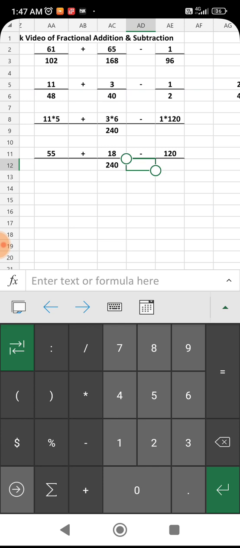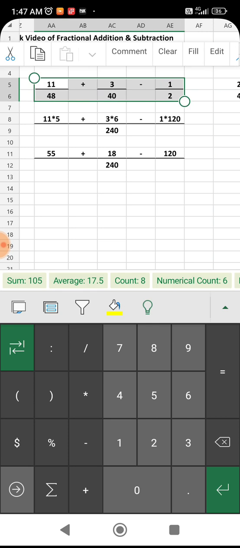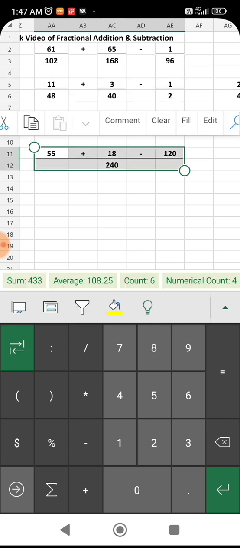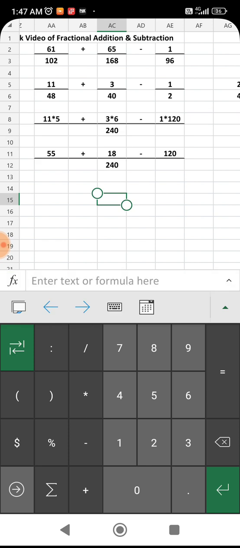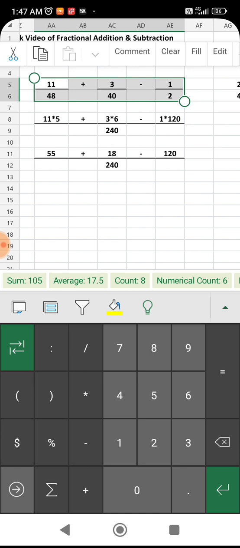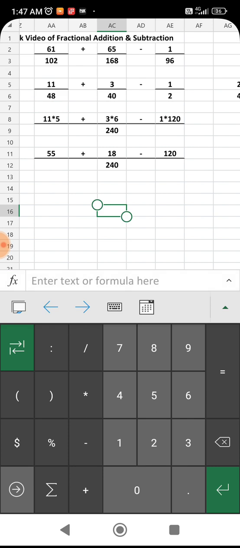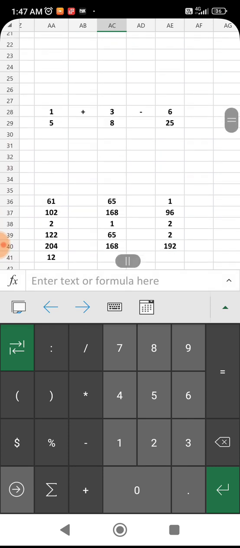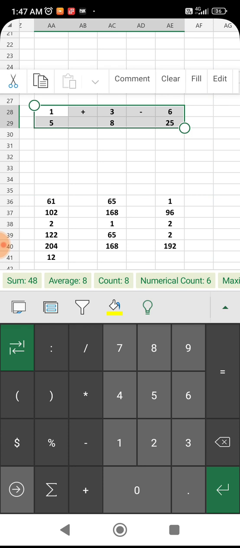So if we practice properly, we can reach from this step to this step directly. Okay, got my point? We can easily jump from this step to this step. If you cannot understand, I am watching one more video.